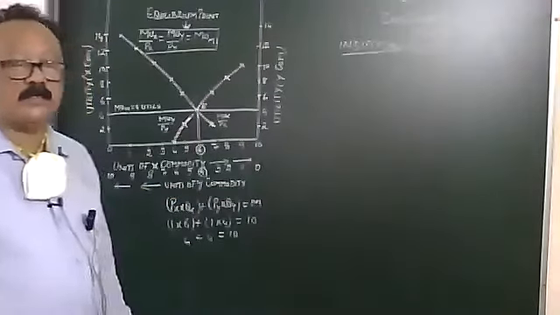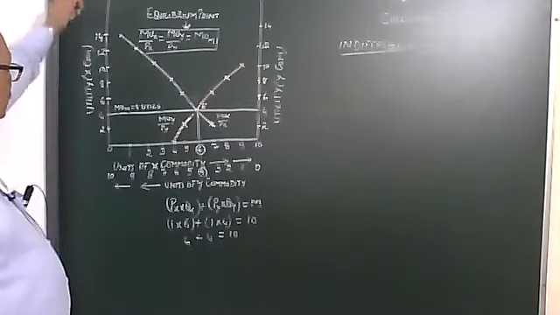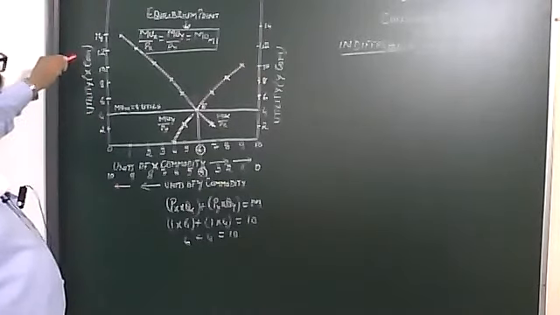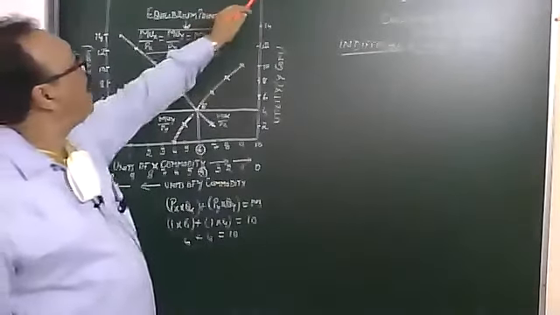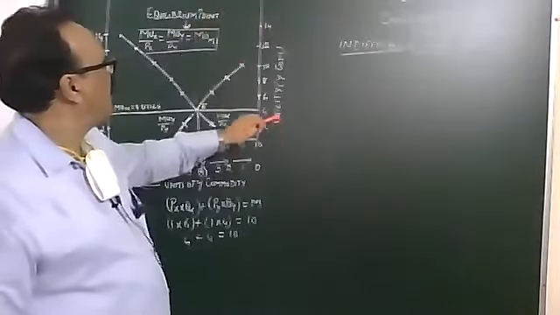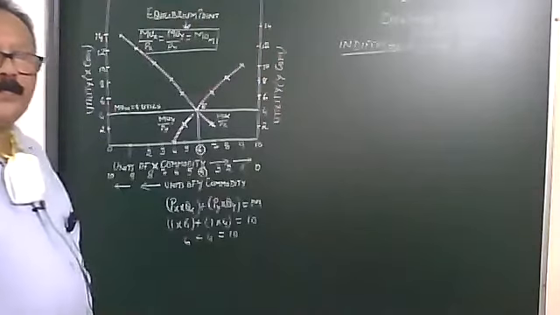On the y-axis, we have taken the utility of the x commodity, and on y1 or y dash, we have taken the utility of the y commodity.